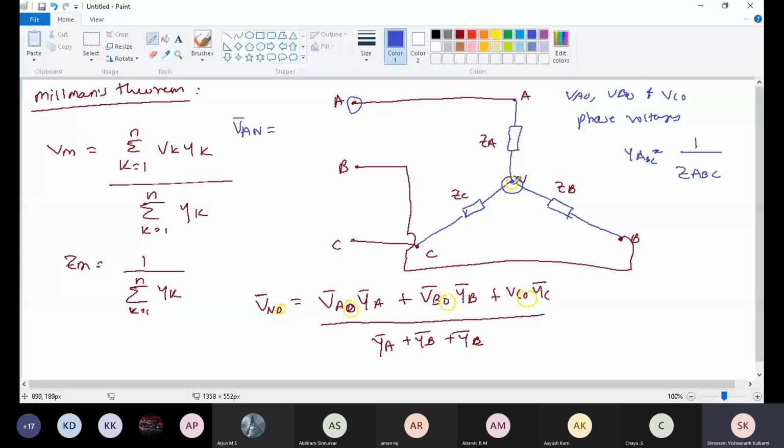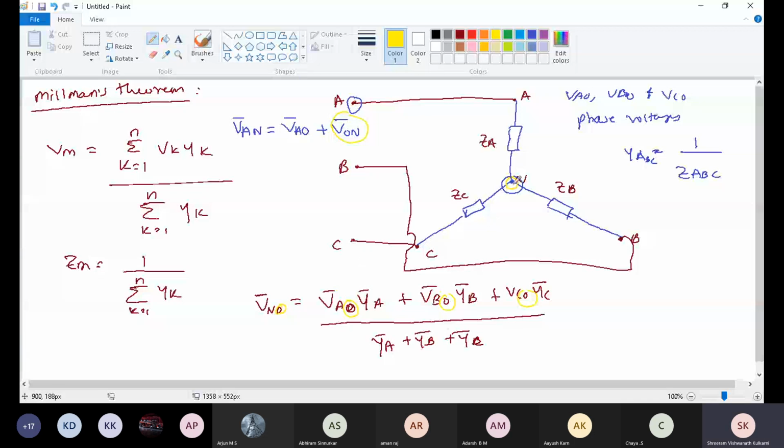Here VAO is the phase voltage with respect to the supply neutral. Now I can easily write VAN equals VAO plus VON. This VON is the voltage difference between the neutral of the star connected load and the neutral of the supply.